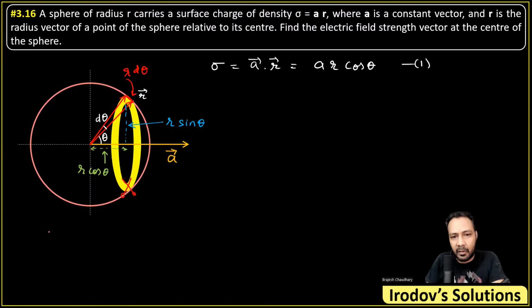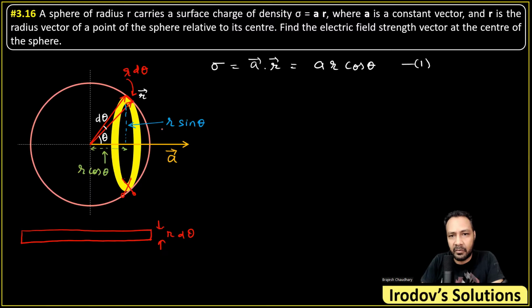If I cut this ribbon and stretch it out, it will become a rectangular strip. The width of this strip is r d theta, and the length will be 2 pi r sine theta, since the radius is r sine theta. So the area of this strip will be 2 pi r sine theta into r d theta. Suppose the charge on this ribbon is dq.